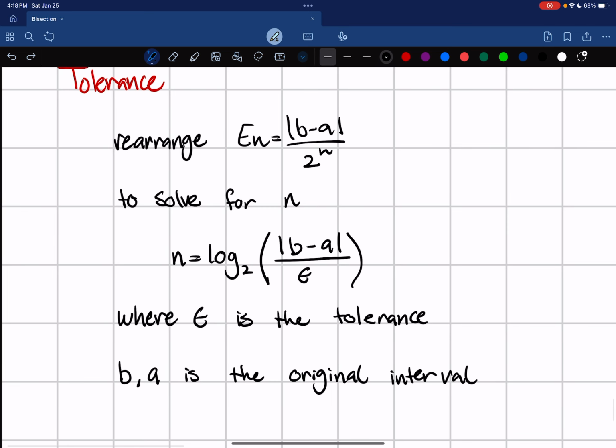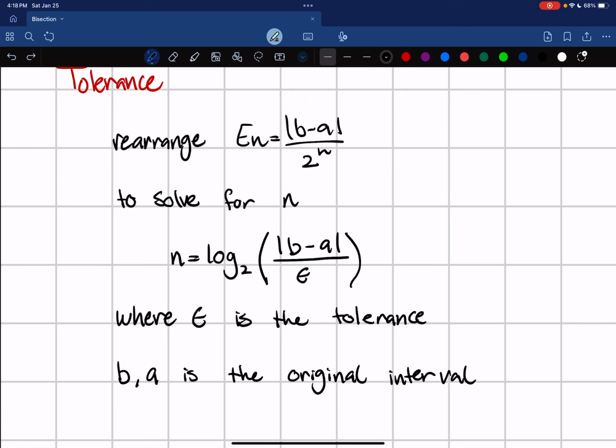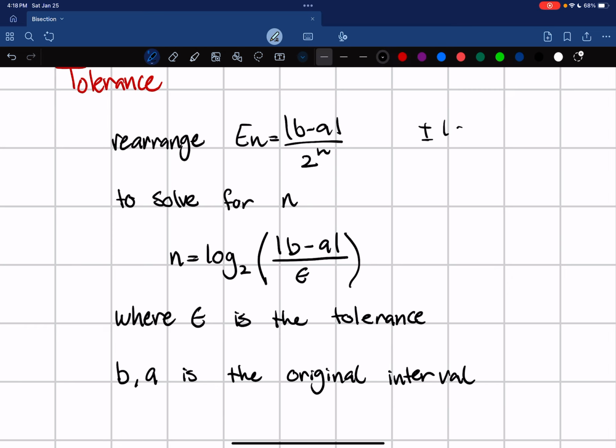Now, for tolerance, how do you know what tolerance to choose? It all really depends on the number of iterations you want, or I guess the tolerance you want to accept. Let's say you're cutting a sheet of metal and you want it to a precision of plus minus 1 centimeter.